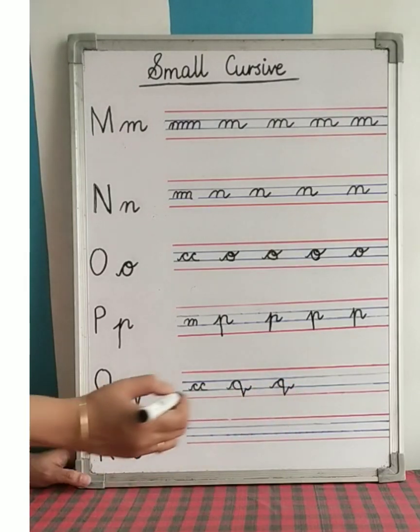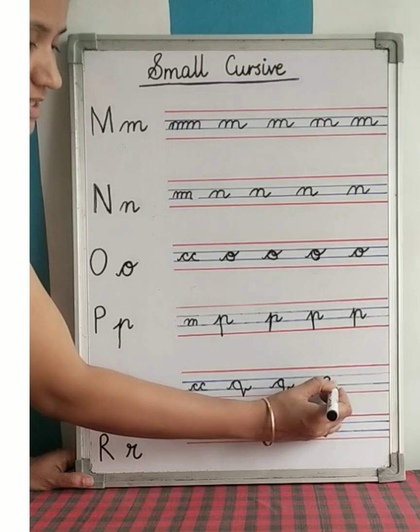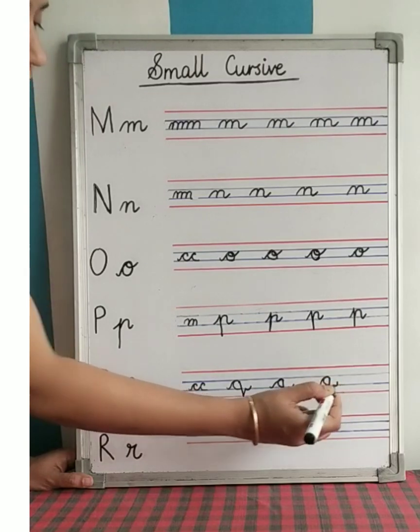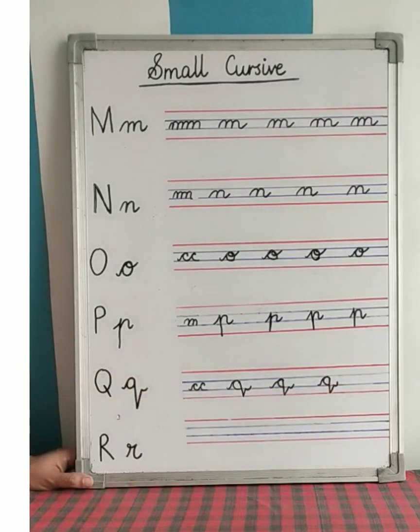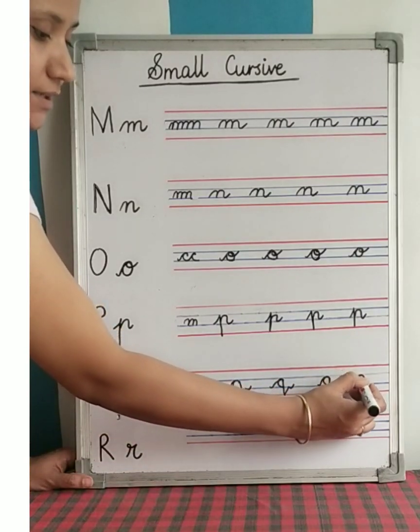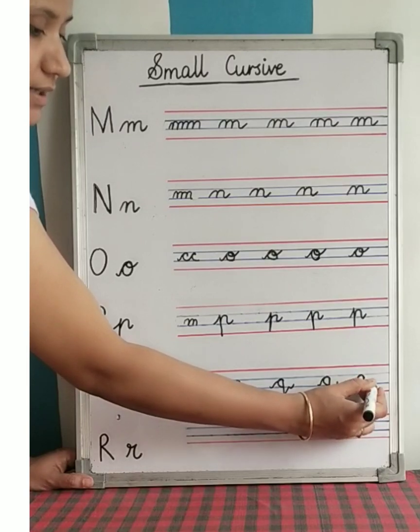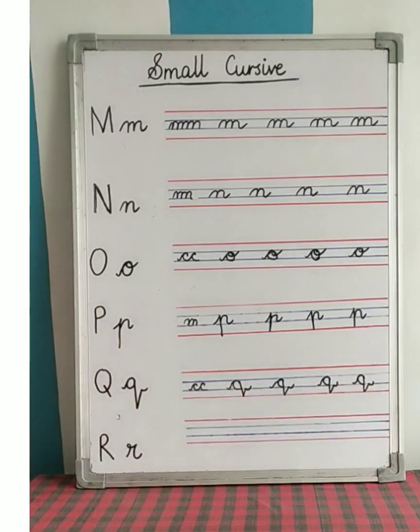So students, Q is a little complex letter, so I will suggest you to practice it many more times before you do it finally in your classwork copies. Please see the formations very carefully, students, like this.